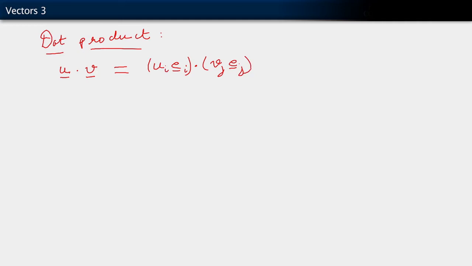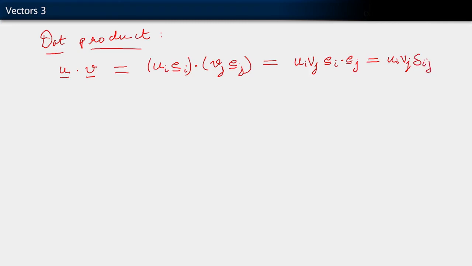All right? Well, using all those properties of dot products that we know, this is just ui vj times ei dotted with ej. But ei dotted with ej is the Kronecker delta. We have ui vj delta ij.